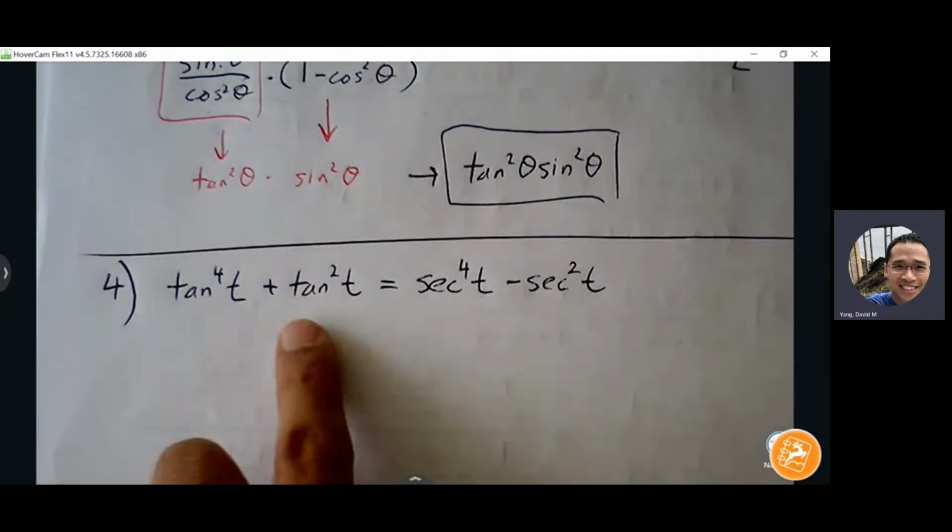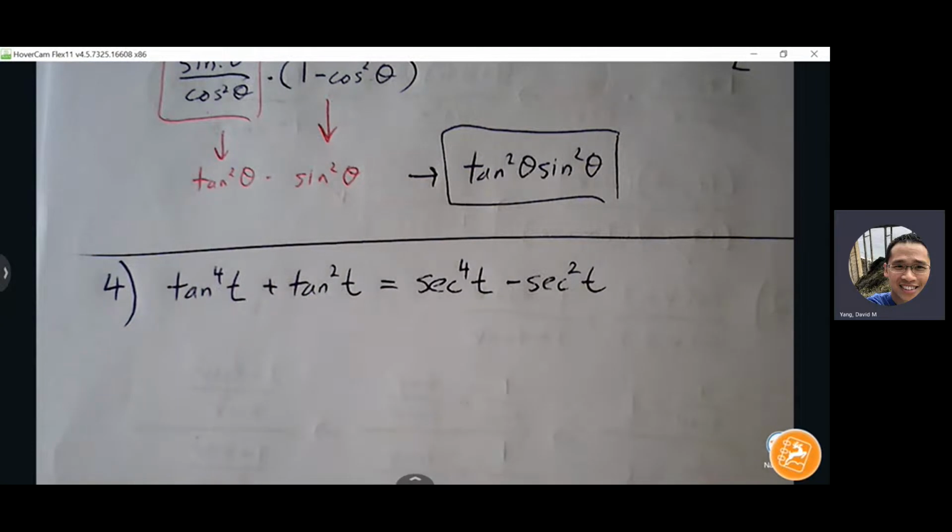Tangent to the 4th plus tangent squared. Anything that stands out to you as maybe a first step to get this to look like something a little different? What can we do?